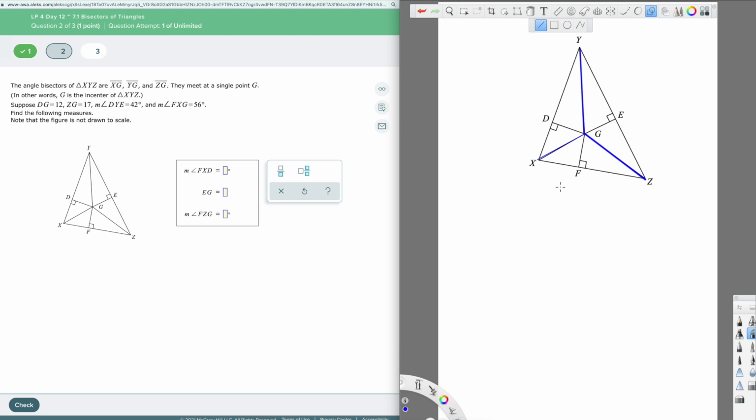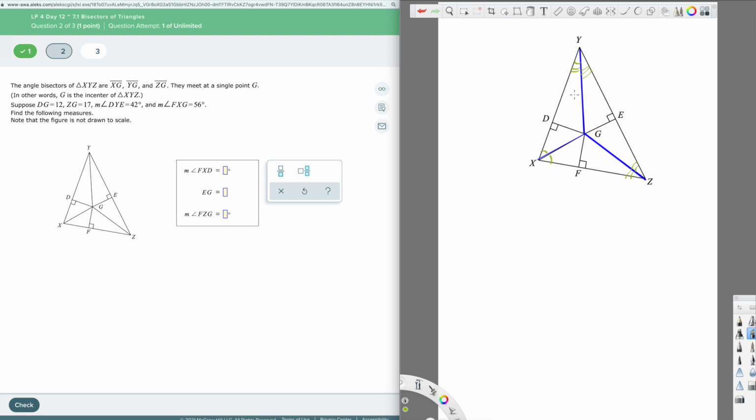So what does that mean it's doing? It's cutting the angle in half. So if XG is an angle bisector, that means that it's cutting this angle in half. So I have half the angle here. I also have half the angle on this one and half the angle on this one. Oh, I need a third one there. So, and I'm just marking it 1 to 1, 2 to 2, 3 to 3. So remember, that's how we mark congruencies on there, is we use the number of arcs or number of tick marks.